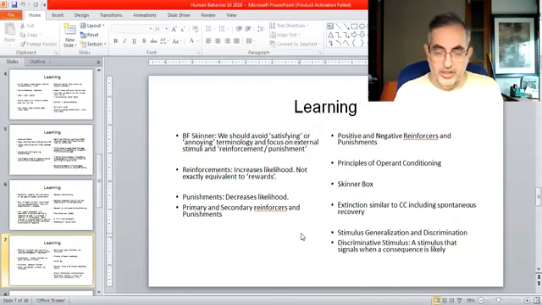Now, there's some conceptual and definitional unpacking of the terms that we've looked at so far. The first of these is the idea of primary and secondary reinforcements and primary and secondary punishments. Something like food is a primary reinforcement.